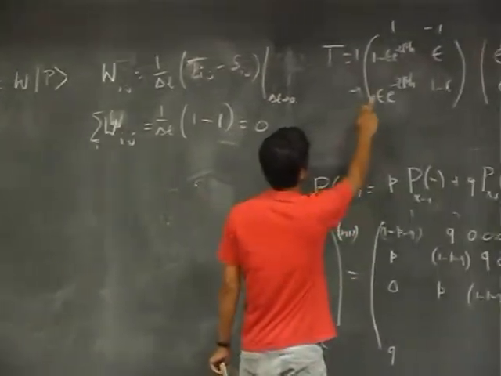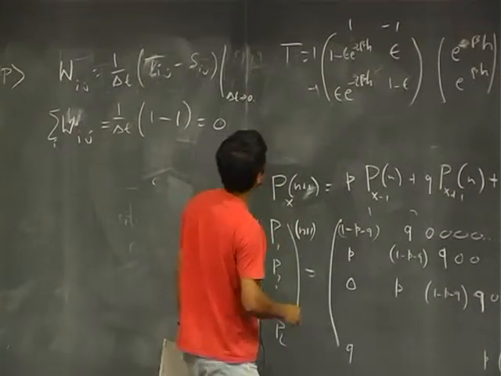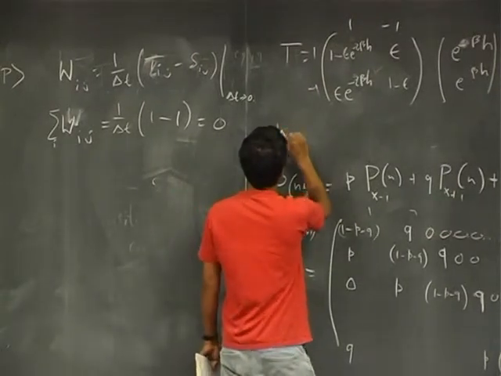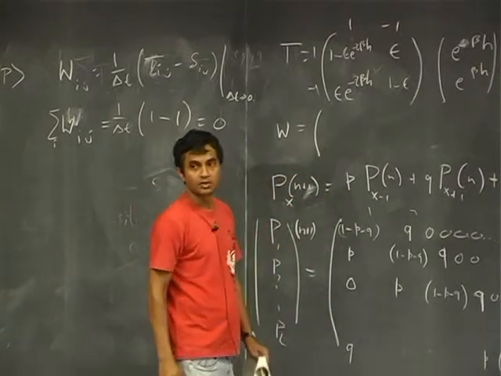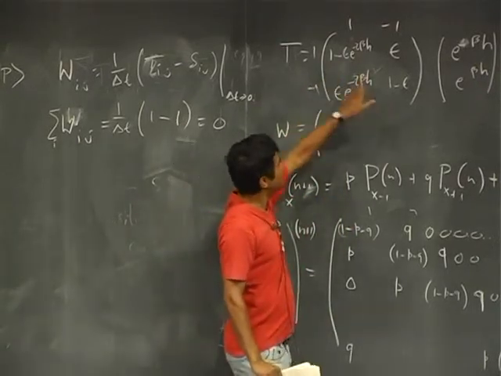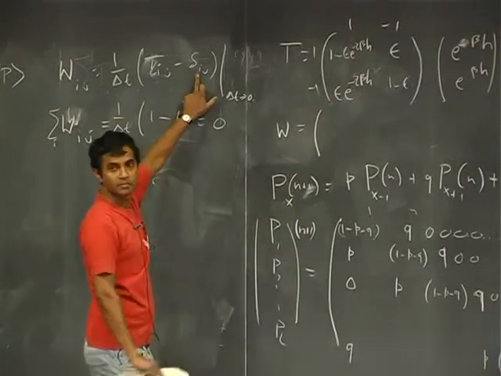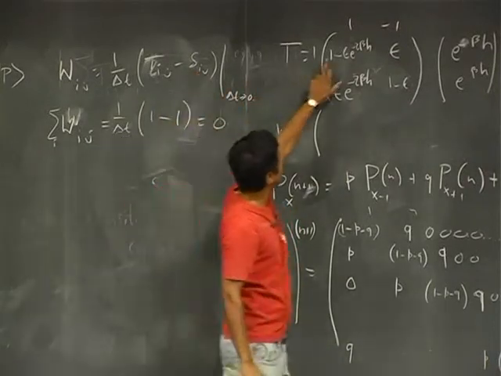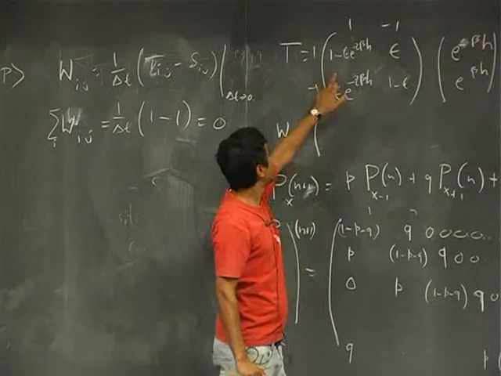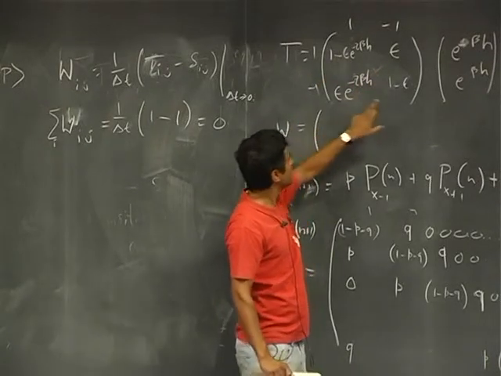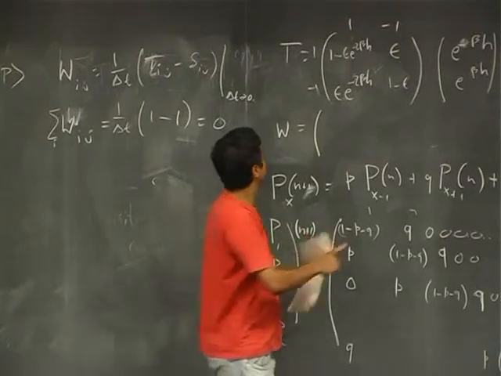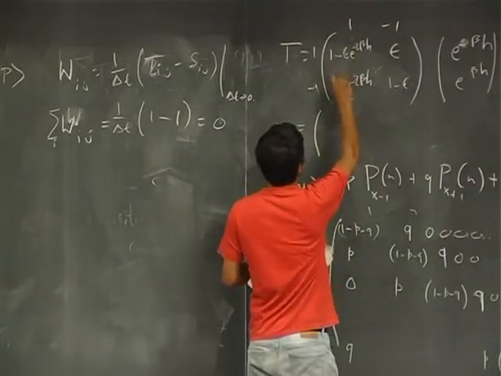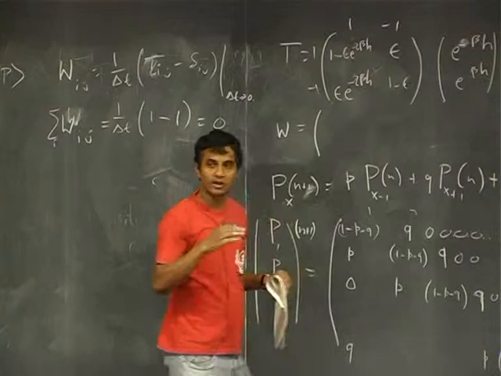Okay, so let's just write this. If you do what we have done here, what will you get? Corresponding to this process, W will become... we have to subtract this unit matrix, so all the ones out here will go. You'll just be left with minus epsilon, epsilon, epsilon, and minus epsilon, and then you divide by delta t. Epsilon by delta t you call some rate.